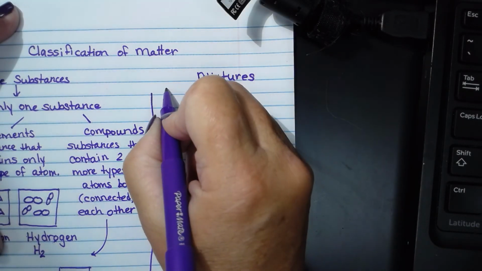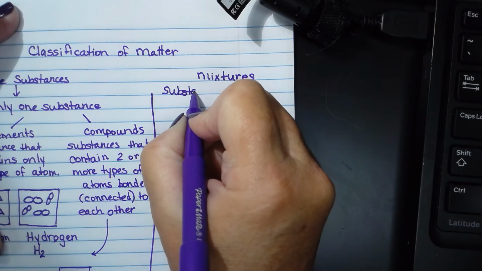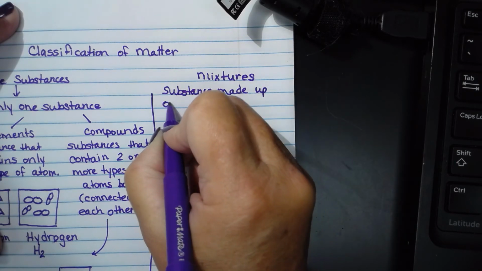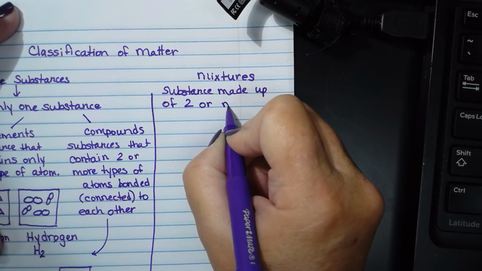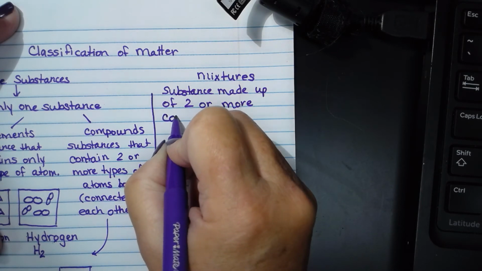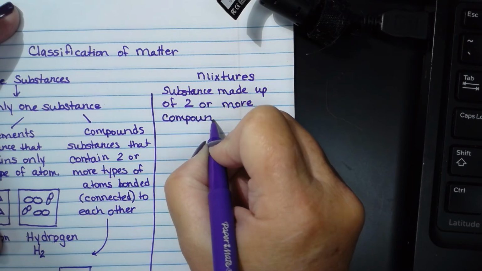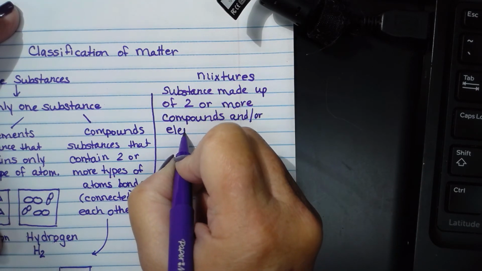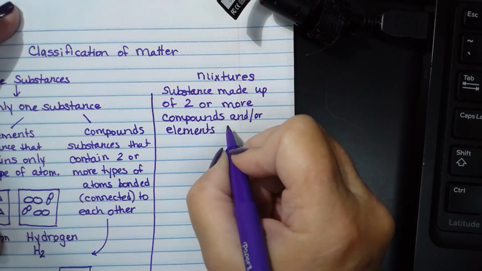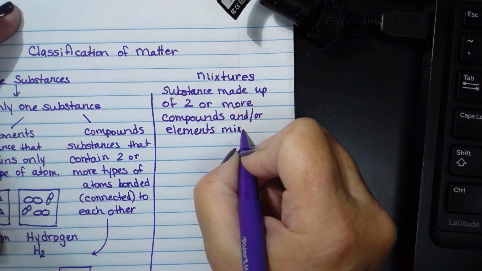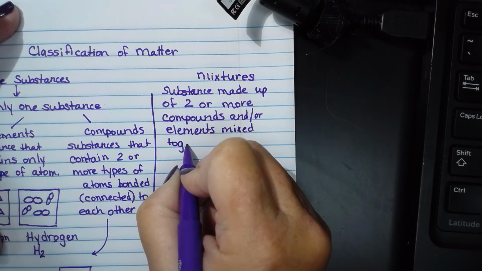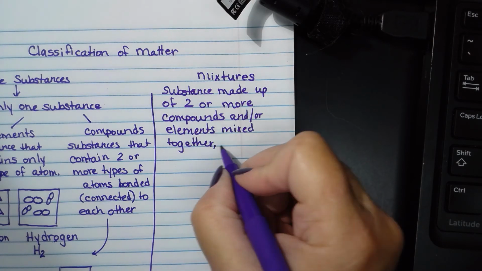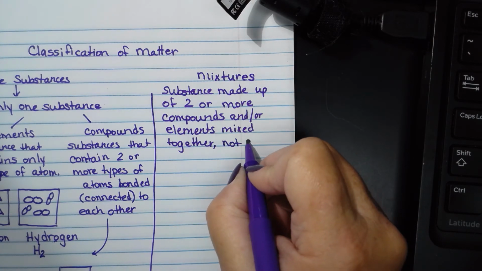A mixture is a substance made up of two or more compounds and/or elements mixed together. Unlike pure substances, they are not connected to each other.